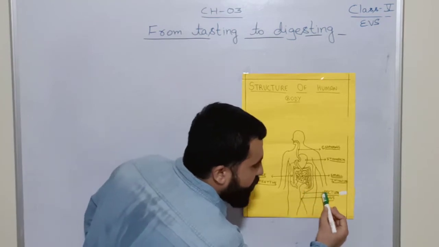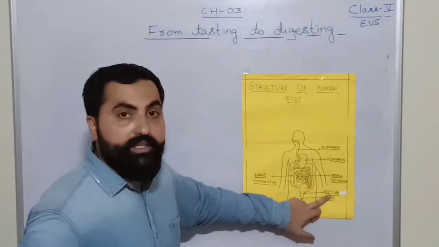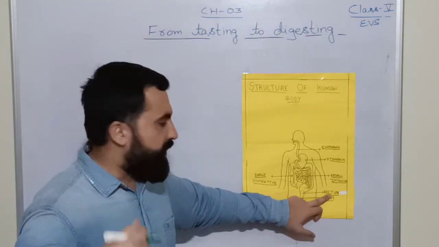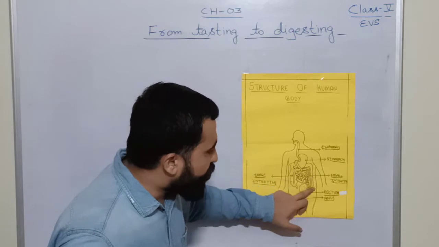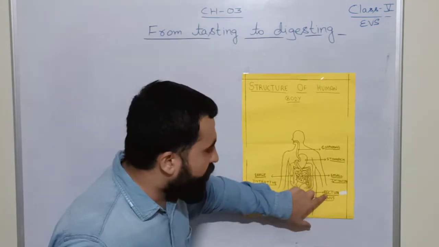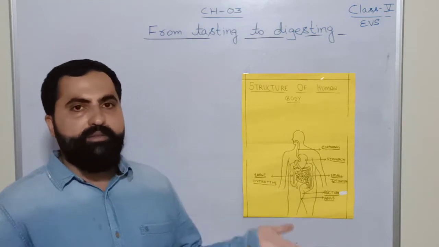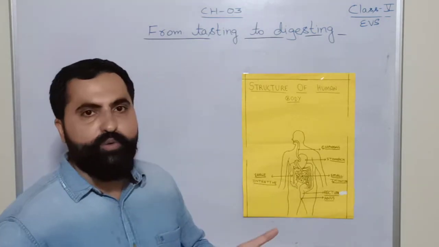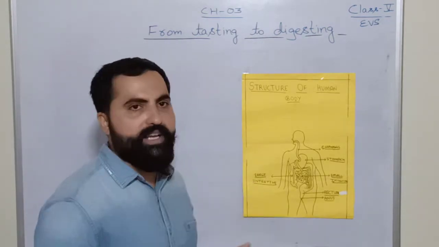That is called the rectum. The undigested food from the large intestine is stored at the end, and that is called the rectum. And every day we remove this undigested food from time to time. So this is the whole process of the digestive system.